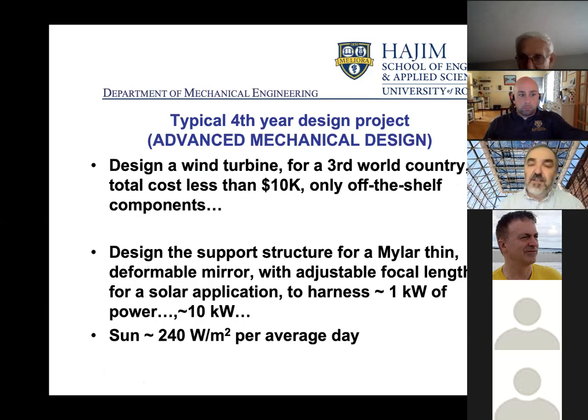Here's another example of a senior level design project. Design the support structure for a very thin, deformable mirror so that you can actually use sunlight to cook. Therefore, what you can do, you can concentrate sunlight into a small focal spot in order to essentially have concentrated heat.